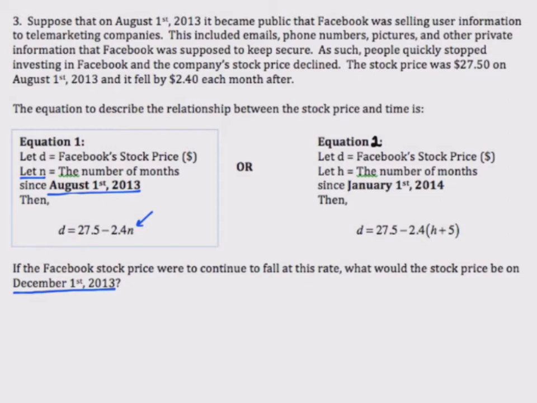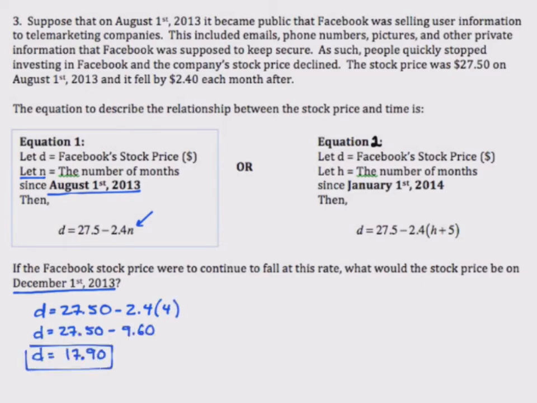And we say that the stock price should be the $27.50 that it started at minus $2.40 a month times 4 months. And now all we have to do is evaluate. So we anticipate that on December 1st, 2013, the stock price should have been $17.90.